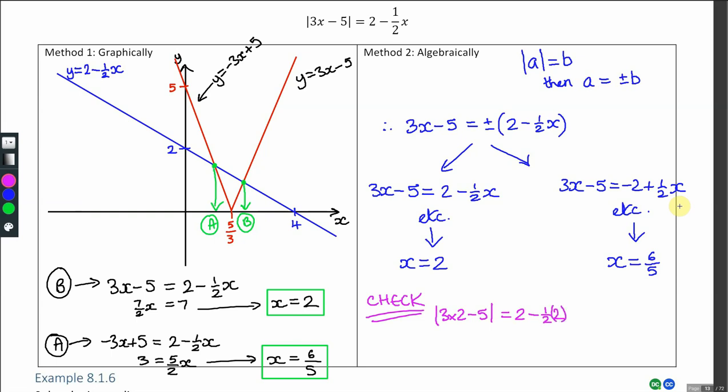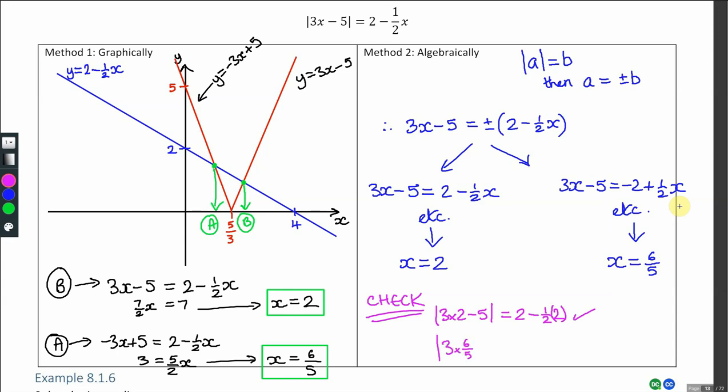Is that true? So on the left hand side, inside the modulus, we've got 6 take 5, which is 1. So left hand side is 1. The right hand side, 2 take away a half of 2. So 2 take away 1, that's also 1. Yes, the equation balances.